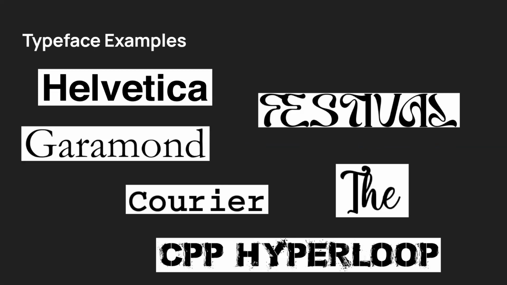Okay, so these are examples I just showed you. These are not the actual names. This is not actually called Hyperloop. I just messed around with them. So let's look at Helvetica first. We have a love-hate relationship with it. It's kind of overused to the point that it even has its own documentary.